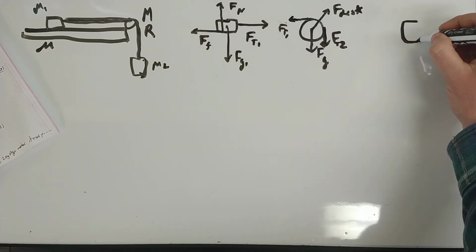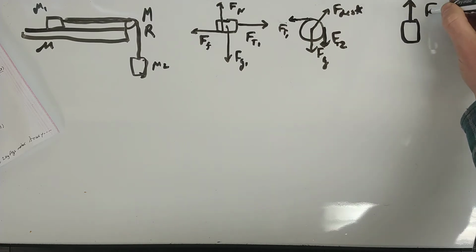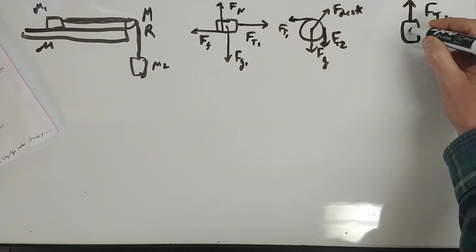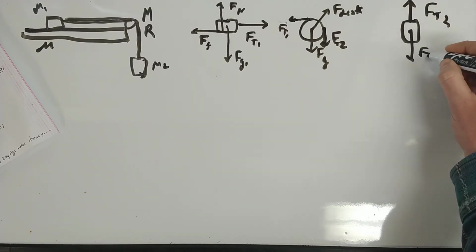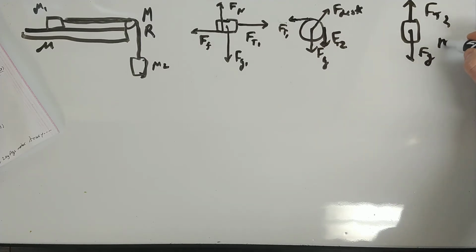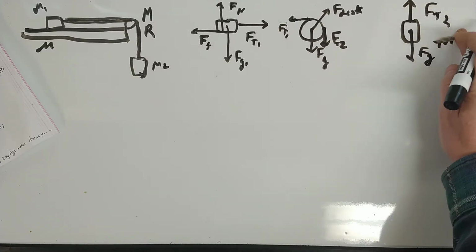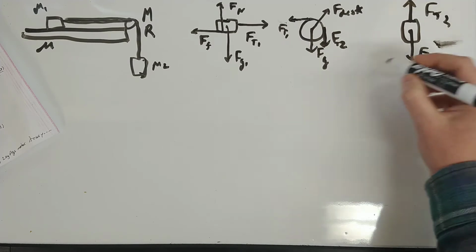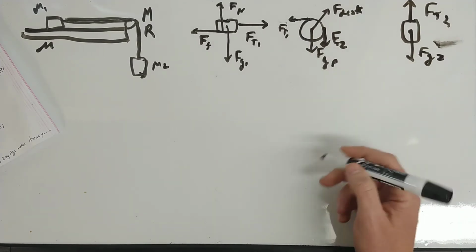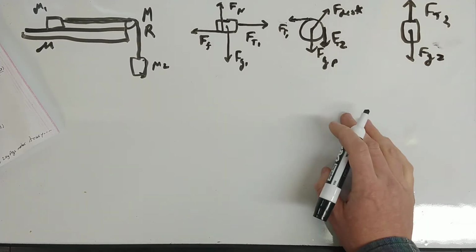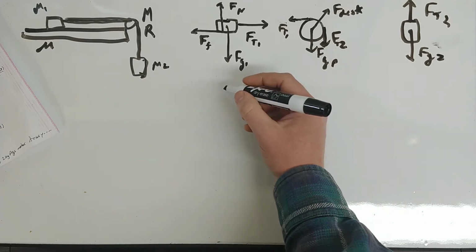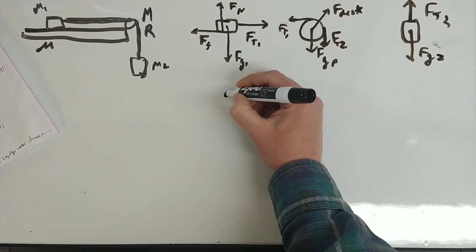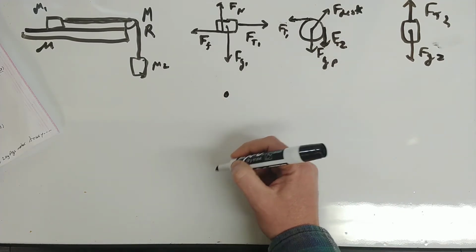And then the hanging mass, right? FT2, FG2, and FG pulley. Alright, so those are the force diagrams. For free body diagrams, we represent the objects with a point, right?